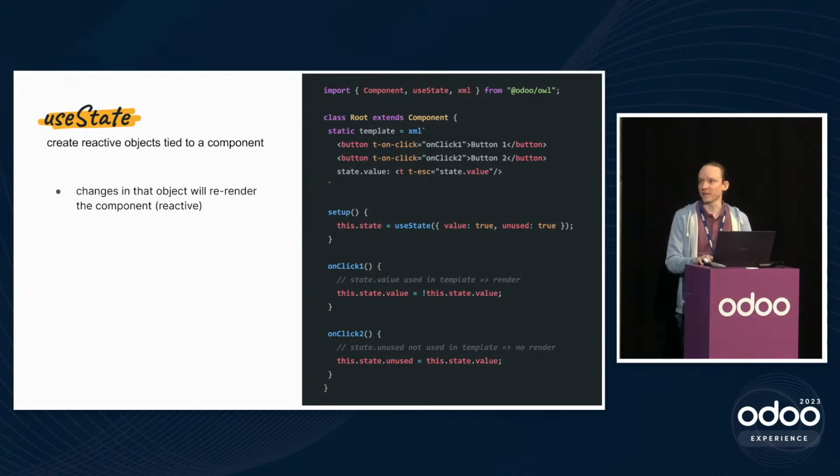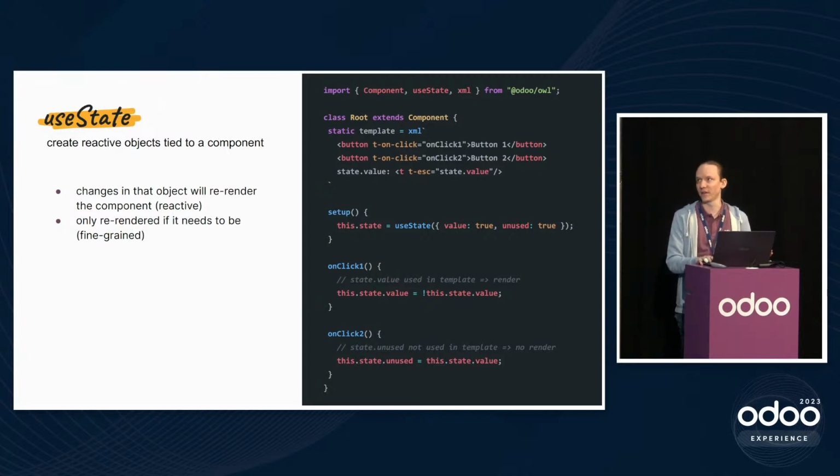So this object is reactive in the sense that any change to the object that's returned by useState will cause the component to re-render and update the UI so that the end user can see the latest state reflected in what they see. And it's also fine-grained in the sense that the component will only get re-rendered if a piece of the state that it observes has changed.